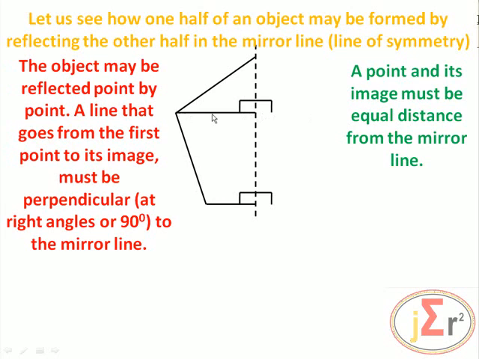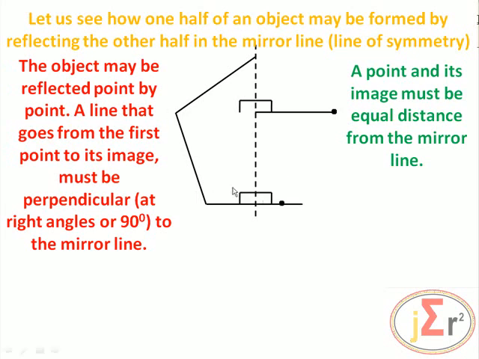That is why we will lift this line up and put it on the other side so that the point will be the same distance from the mirror line as this point from the mirror line. And don't forget that the line that will go straight across all the way over here must be perpendicular to the mirror line. And we do the same for the other point.